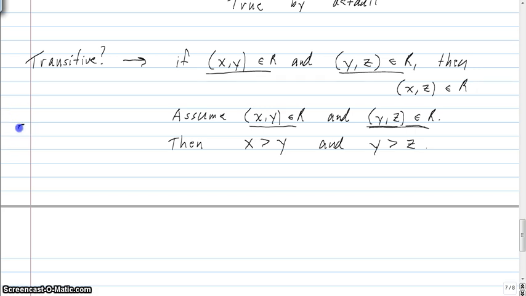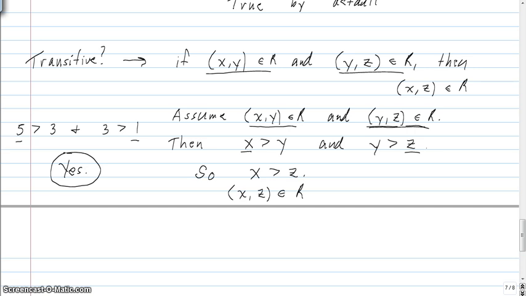Let's say 5 is greater than 3, and at the same time 3 is greater than 1, then of course you can conclude that 5 is greater than 1, because you've got both of these at the same time. So x is greater than z, and that means that xz is in the relation. So yes, this relation is transitive.